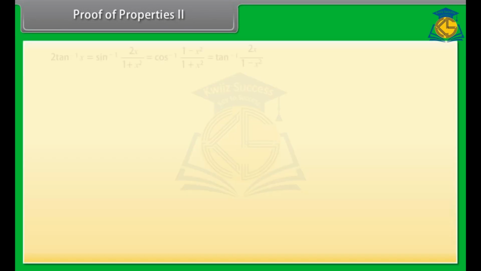Proof of property 2. 2 tan inverse x is equal to sin inverse of 2x by 1 plus x square, which is equal to cos inverse of 1 minus x square by 1 plus x square, which is equal to tan inverse of 2x by 1 minus x square. Proof.